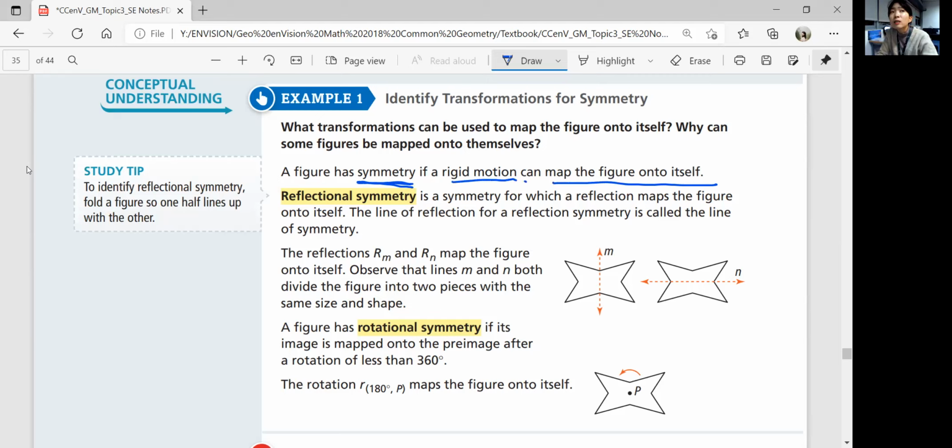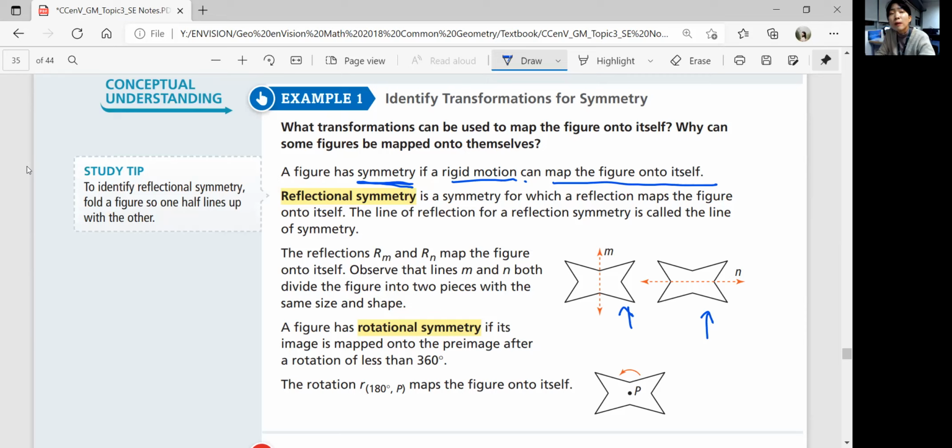Reflectional symmetry, symmetry for which you need specifically a reflection to map the figure onto itself. So for example, this figure, you have lines of reflection M and N to reflect the shape onto itself. The line of reflection for a reflection symmetry is called the line of symmetry. Okay, the reflections for these two shapes.